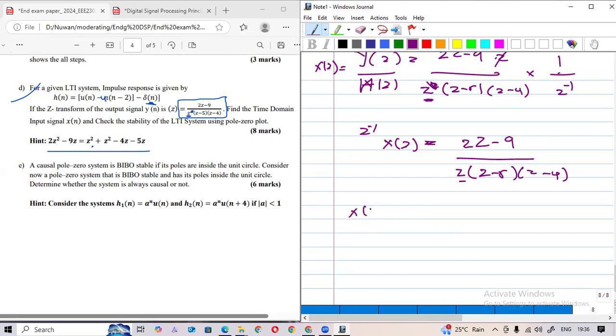Now I can write this XZ as 2Z square minus 9Z, I can write as Z, Z minus 4 plus Z minus 5.